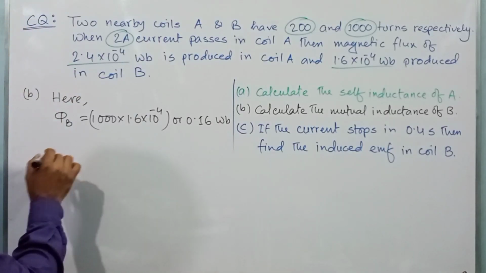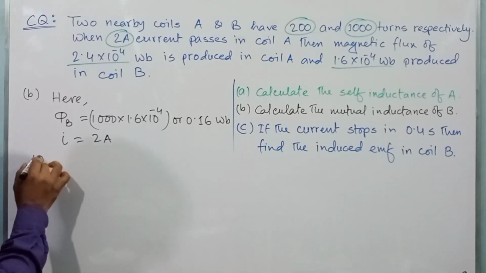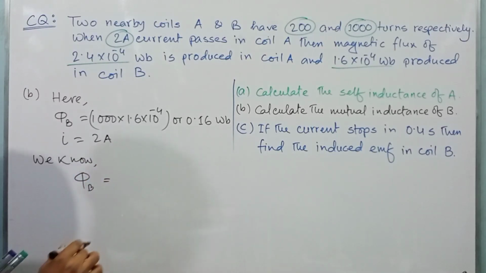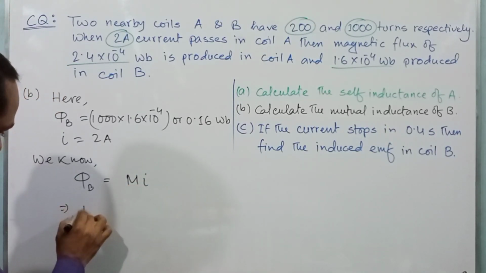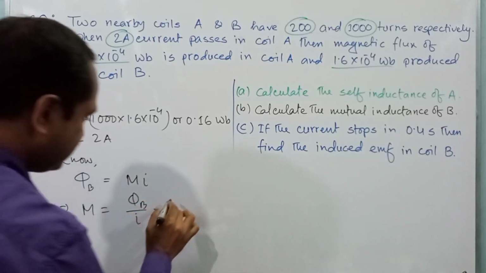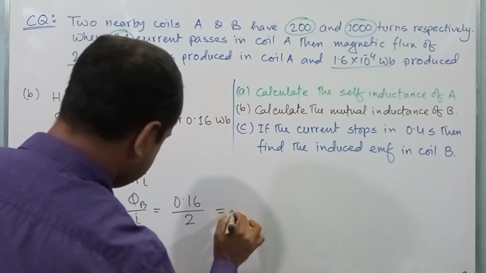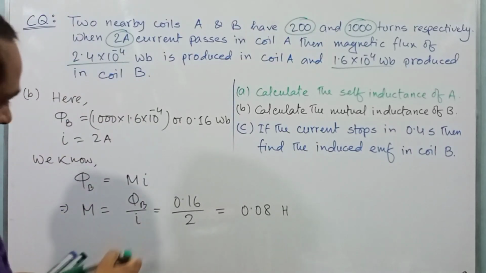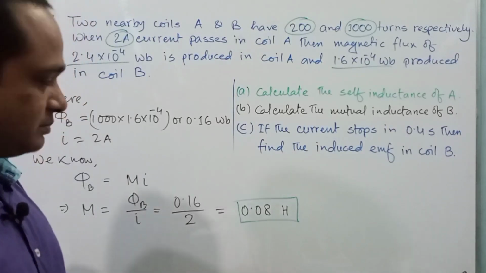And current in the primary coil I is equal to 2 ampere. We know phi B is equal to M into I, the mutual inductance. So M is equal to phi B divided by I. Here phi B is 0.16 divided by I, which is 2. So it will be 0.08 Henry. Dear student, I hope you got it. It is a very simple calculation.